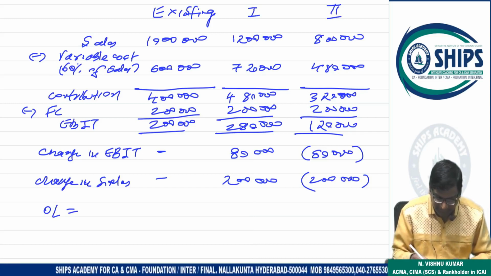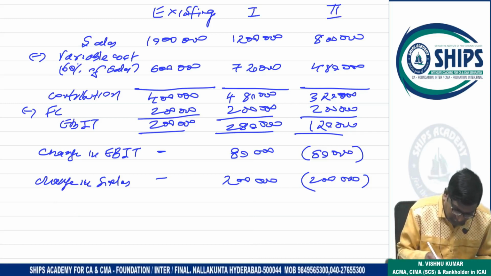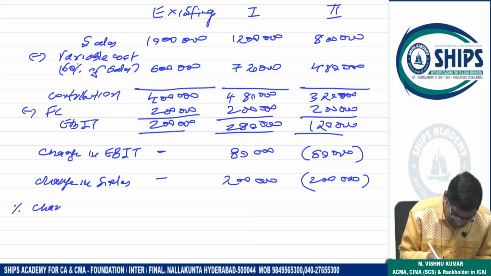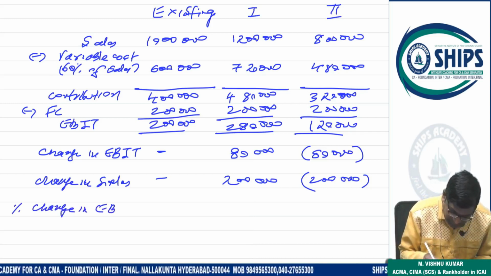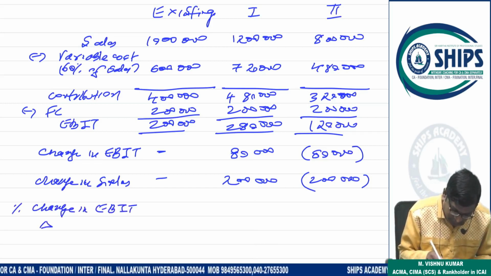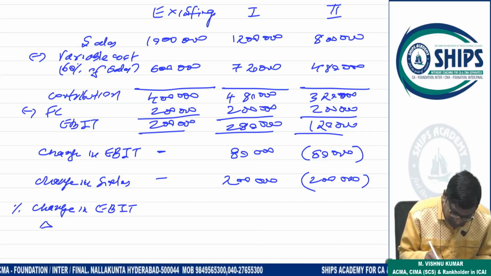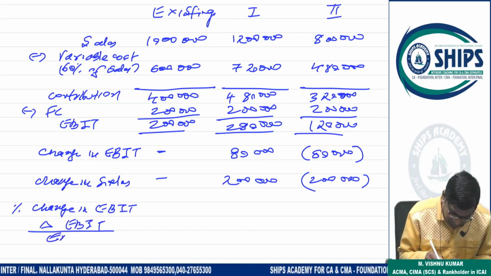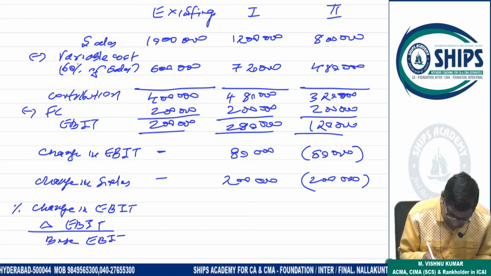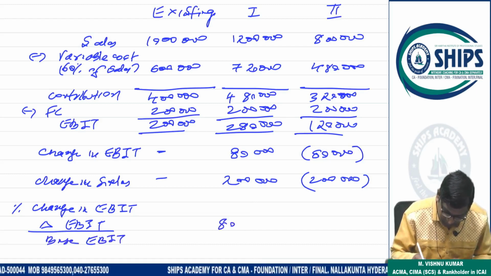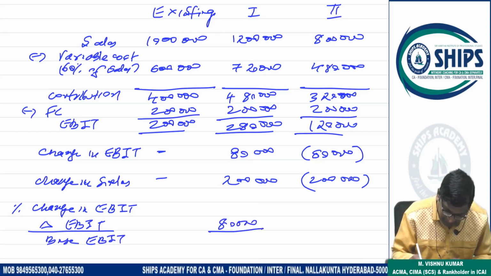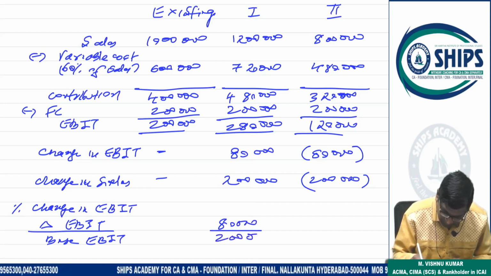Now operating leverage. Percentage change in EBIT by percentage change in sale. So if you are calculating percentage change in EBIT, the formula is change in EBIT by base EBIT. So change how much? 80. Base EBIT how much? 2 lakhs.